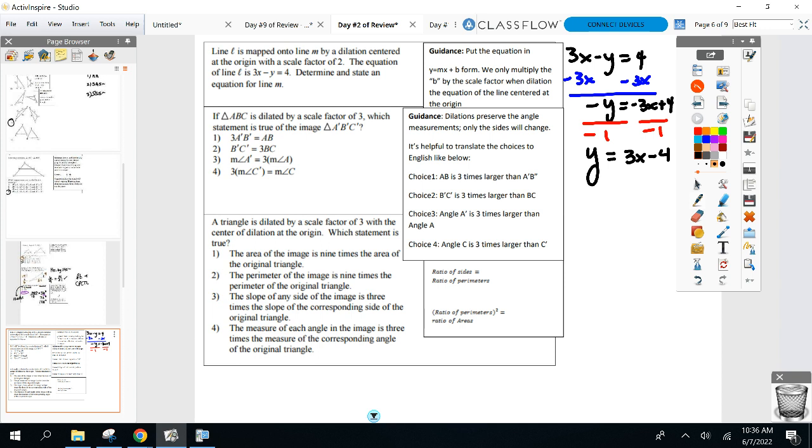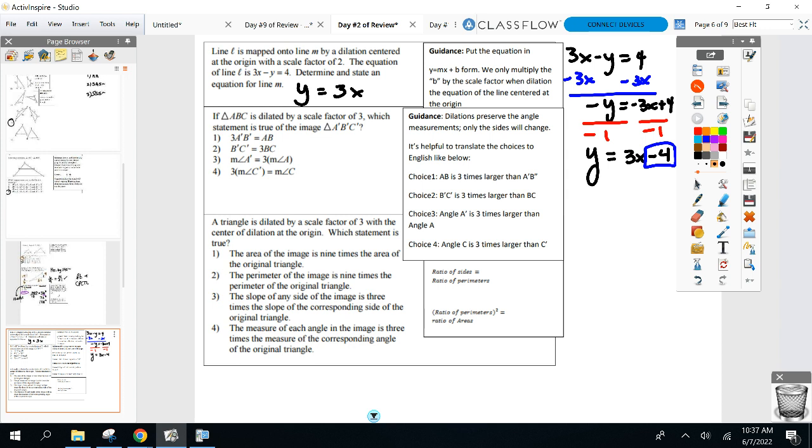Everyone all right how we got there? Next step, I'm dilating it by 2. So it remains parallel. Let's try that again. It remains parallel. So that's why my new line still starts off with 3x. Now the only thing that's going to change is the -4.